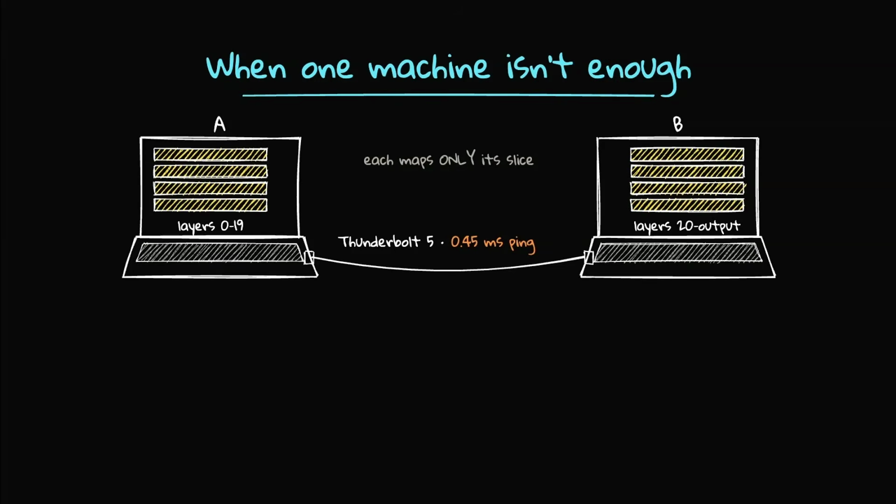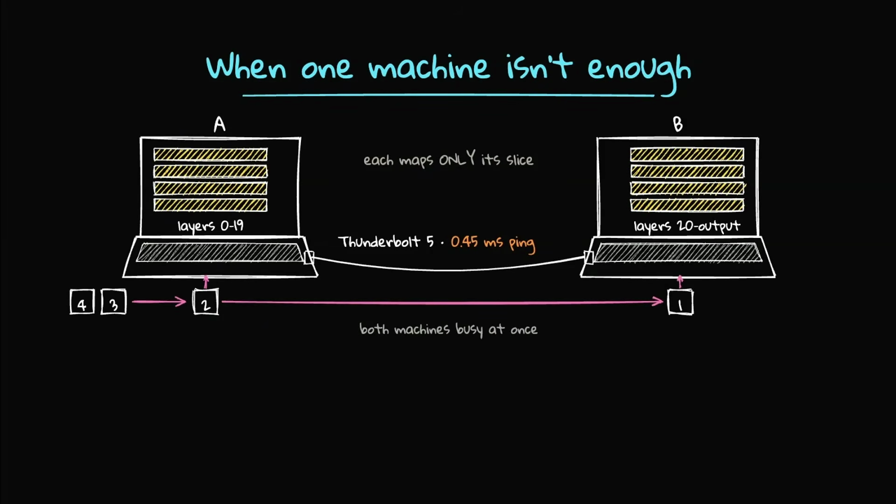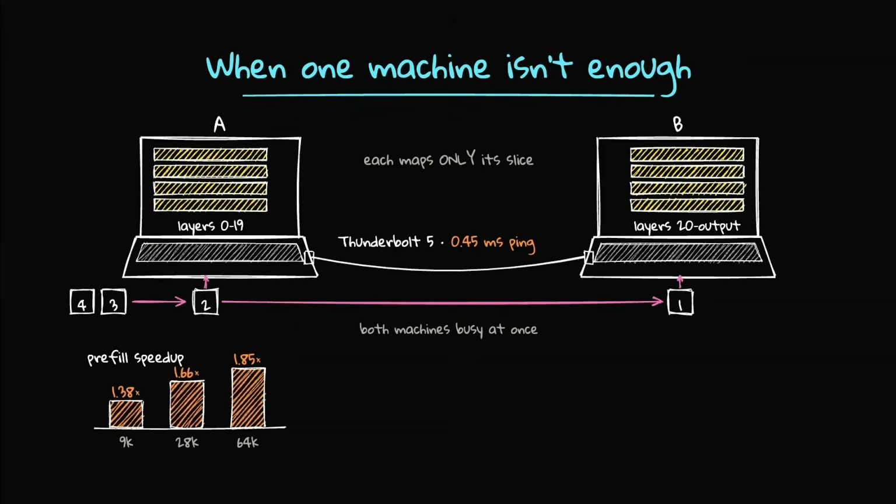First half lives on one machine, second half on the other machine. Now, for processing your prompt, this becomes an assembly line. So while machine B chews on chunk 1, machine A is already working on chunk 2. And that pipeline genuinely pays. On a 64,000 token prompt, prefill runs 1.85 times faster than a single machine.